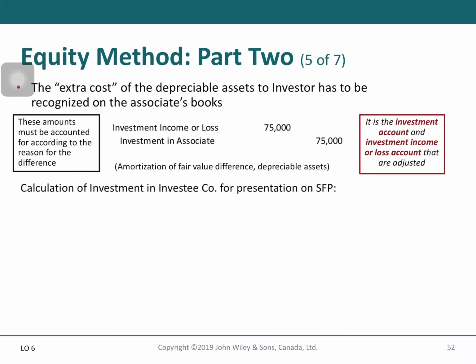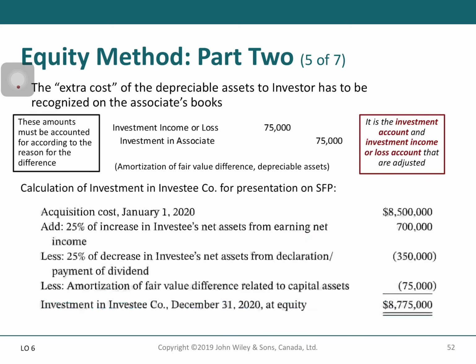Okay, the extra cost of depreciable assets to the investor has to be recognized on the associate's books. So you will record investment income or loss 75,000, and investment in associate 75,000. Okay, so the extra cost of depreciable assets will decrease your investment.